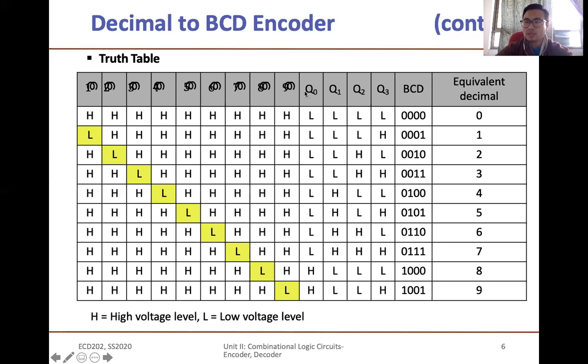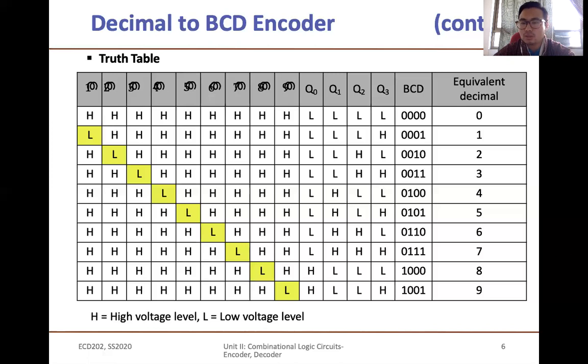Now, as I said, at the idle condition, with the help of pull-up resistor, all the lines are high, but your output is 0. Because at the idle condition, with the help of pull-up resistor, your line is high. However, you have not activated any of the switches 1 to 9.